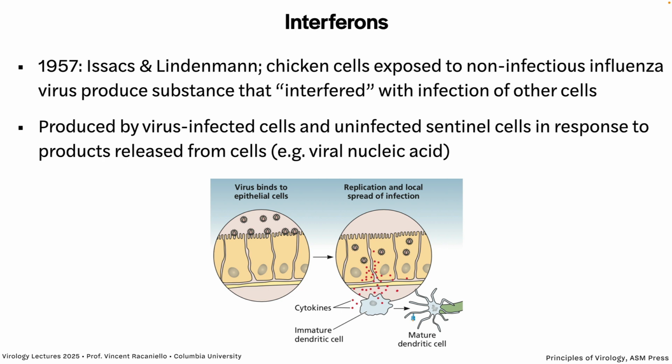And the dendritic cells will pick up these cytokines and go, oh, there is something going on here. And then these cells will apoptose, and the dendritic cell will pick up those apoptotic bodies and eventually bring them to the lymph node to see if there's something foreign in them, something we'll talk about next time. So both the infected cell and the uninfected sentinel cells make interferons. These sentinel cells will also not only respond to interferon, but they will make it as well.